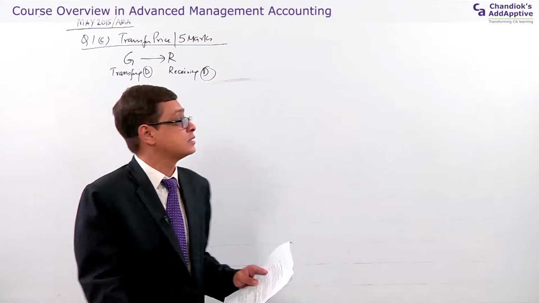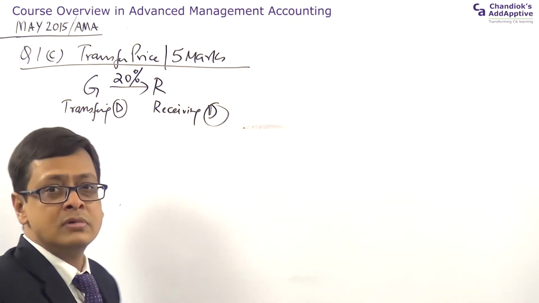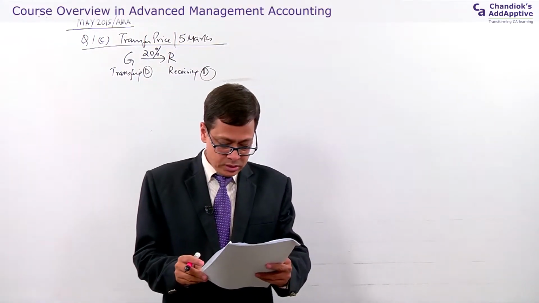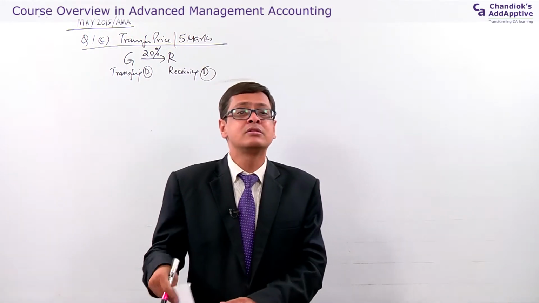So R needs 20% of G's production. This is the requirement which is coming. Now this has to be first met as per the company's policy. So let's read what the company's policies are. And each case has been taken as an independent situation.